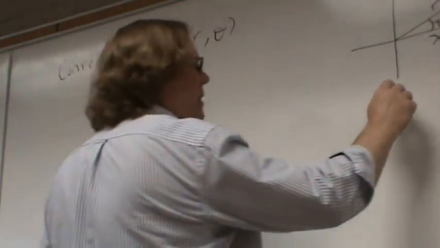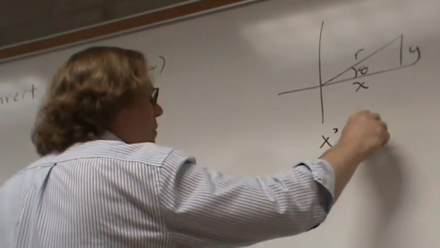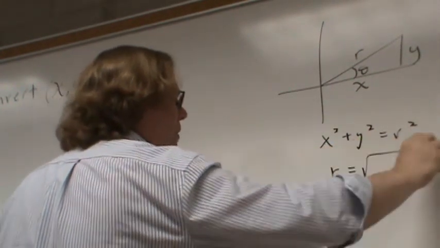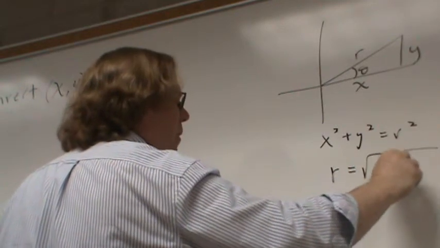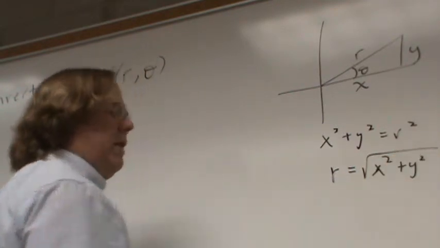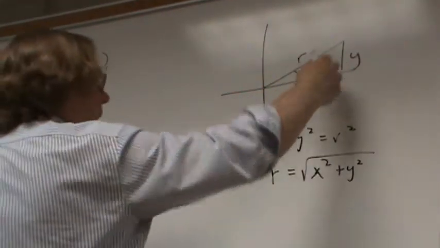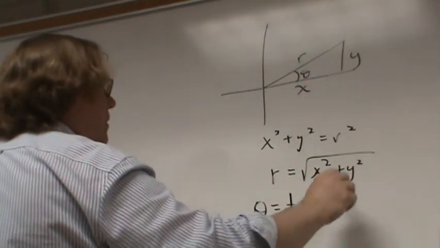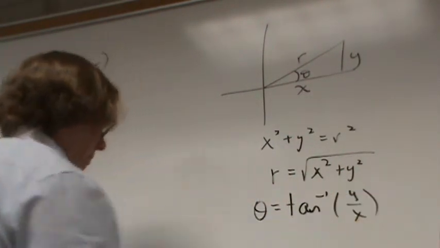I hope you see that x squared plus y squared equals r squared, which means r equals the square root of x squared plus y squared. That's one conversion. If I give you x comma y, you can get r by using that formula. And I hope you see here that theta equals the inverse tangent of y over x.